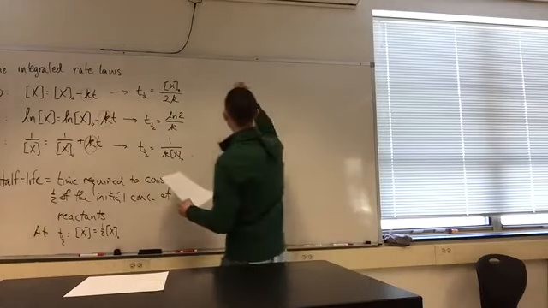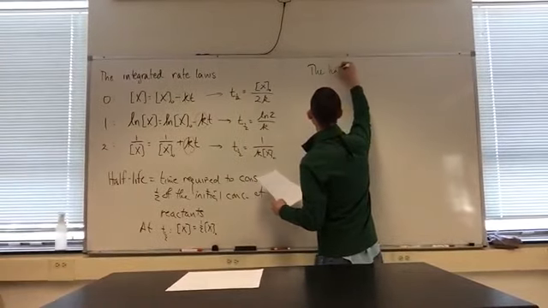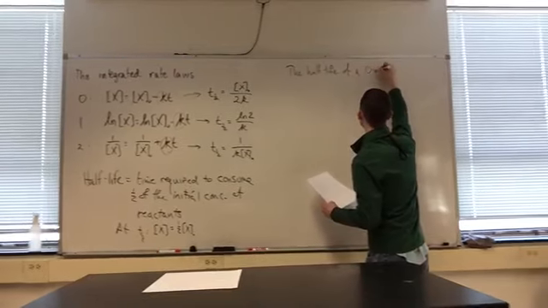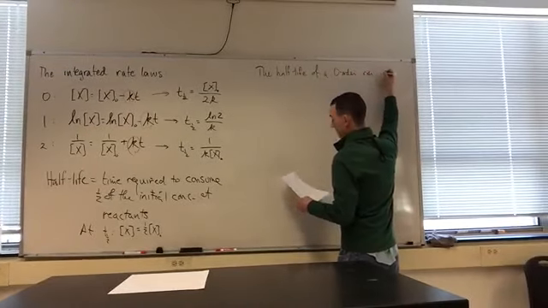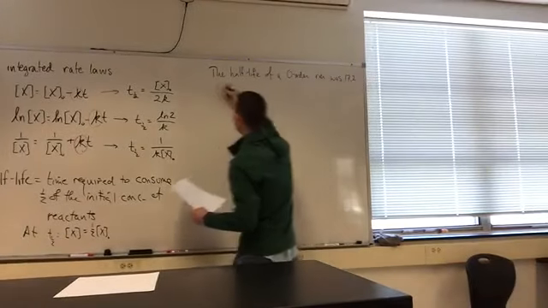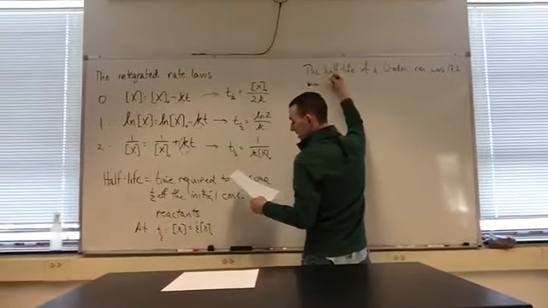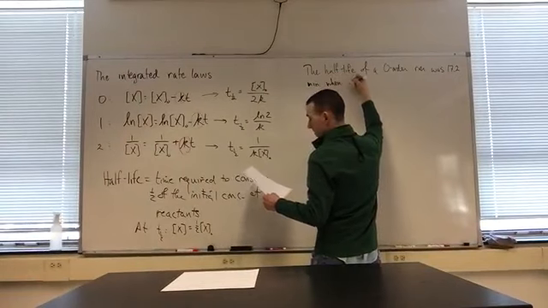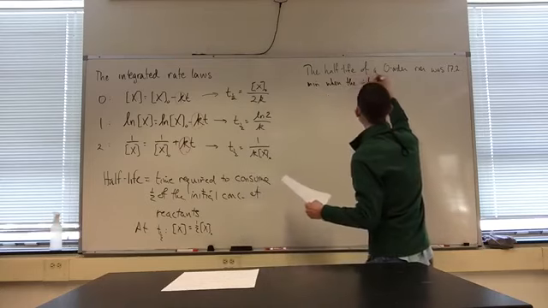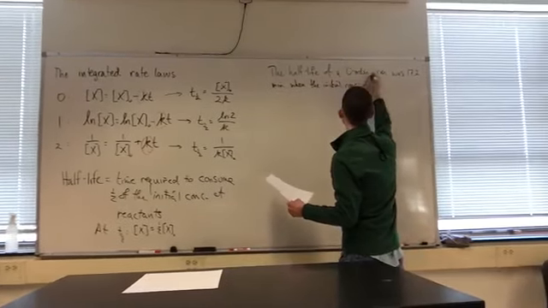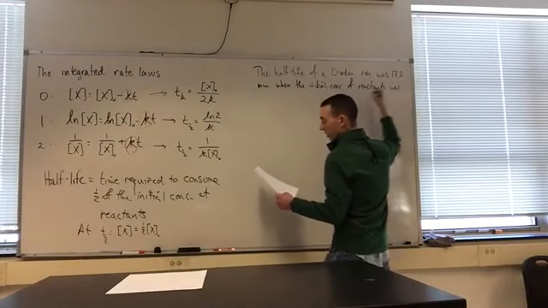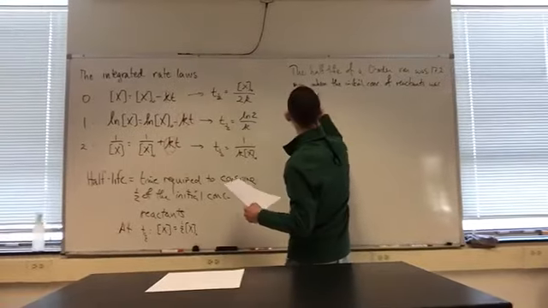Okay, so first example, the half-life of a zero-order reaction was 17.2 minutes when the initial concentration of reactants was 0.42 molar.